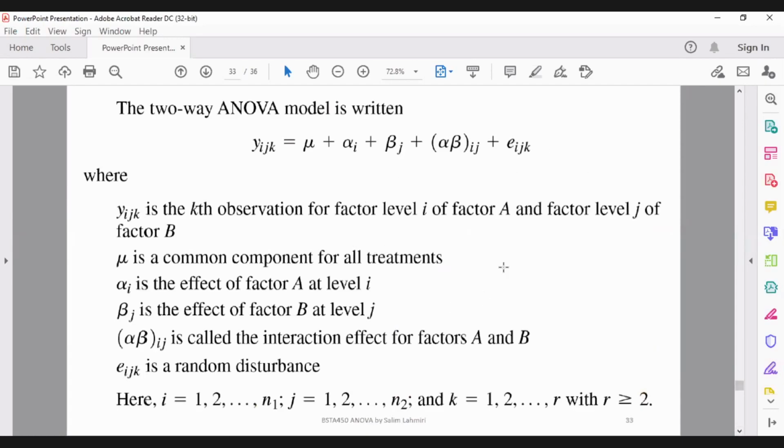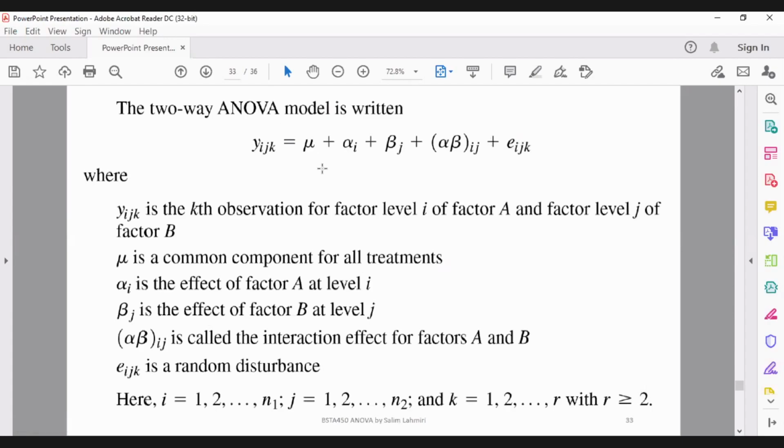This is the two-way ANOVA in mathematical form, where y is the dependent variable, mu is the constant, alpha is the effect of factor A given level i, beta is the effect of factor B, alpha beta is the interaction effect, and E is the error.